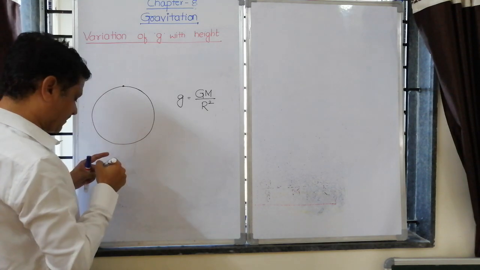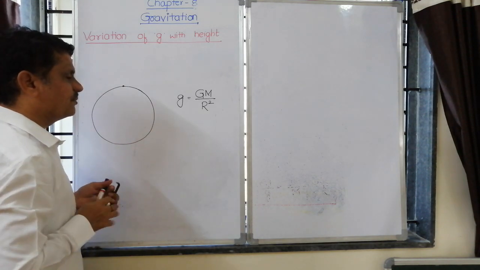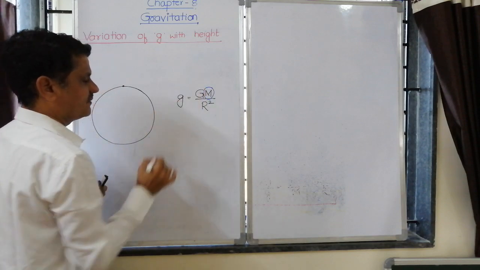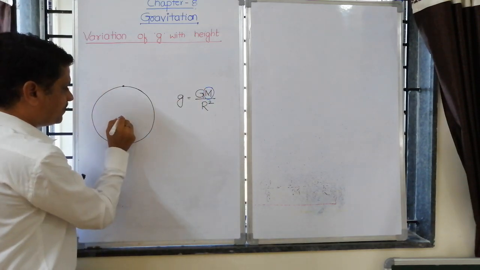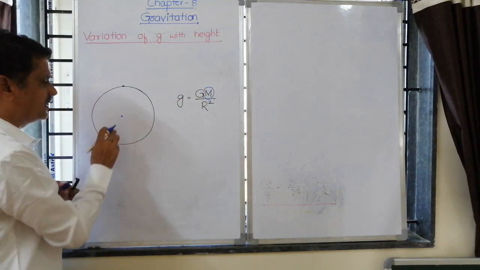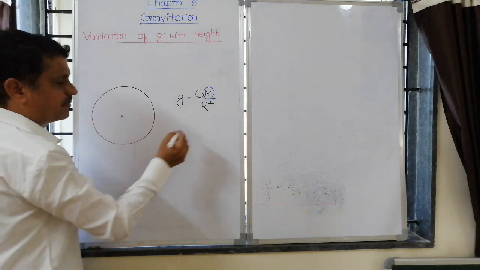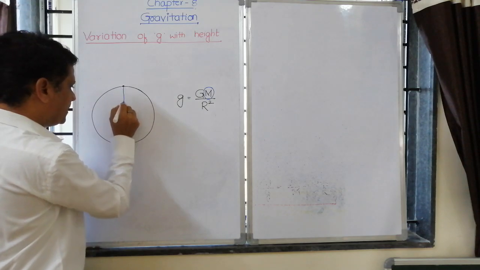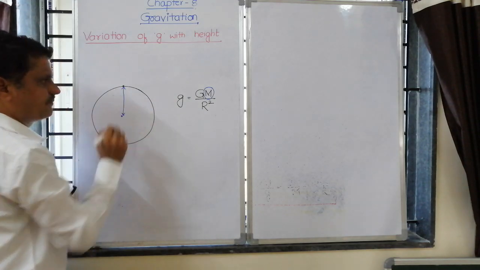While deriving this expression, we assumed that M is the mass of the earth, which is completely concentrated at the center. Then this is equal to R.